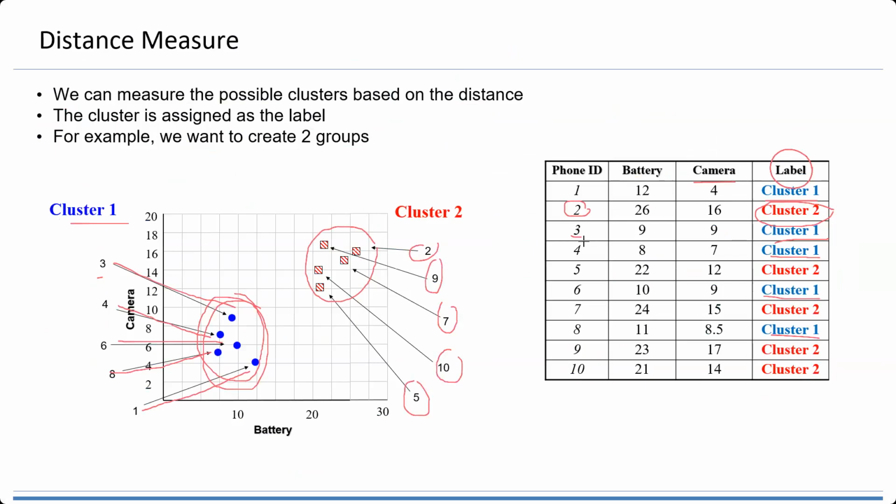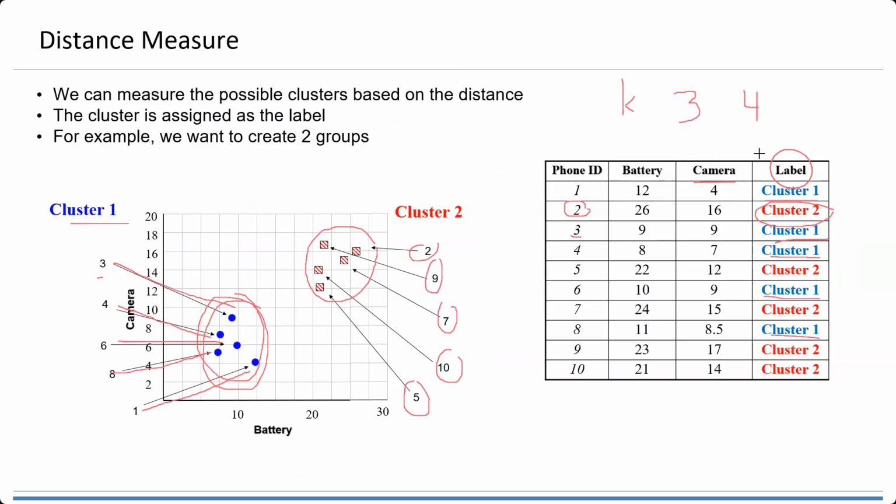My question is, can I create 3 groups? Yes, of course, we can. Can I create 4 groups? Maybe possible, but the result might not be so good compared to 2.